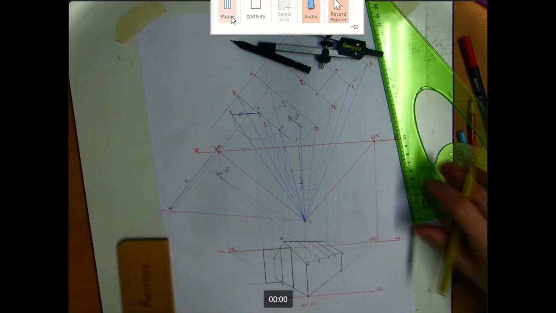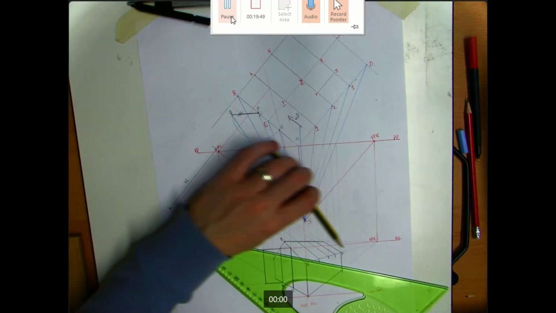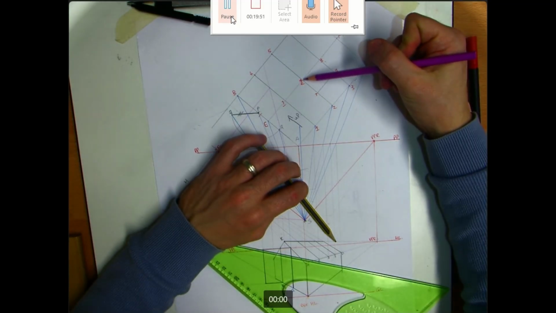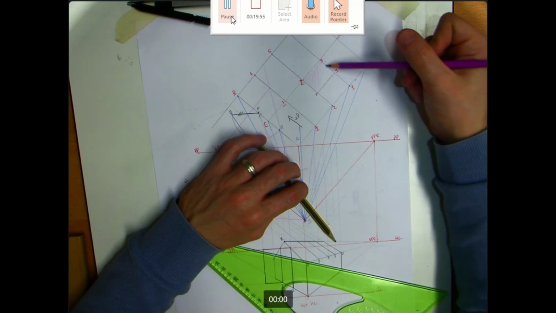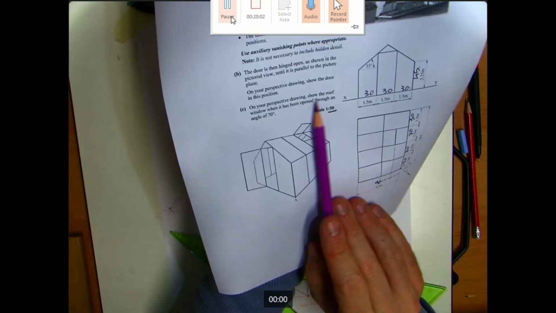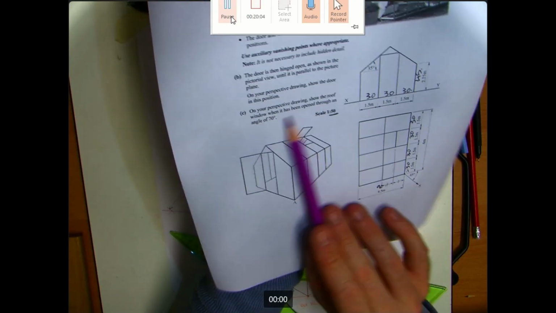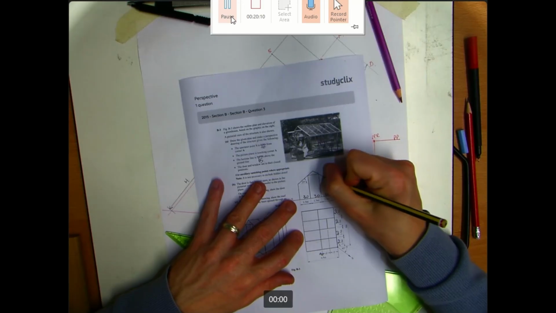Now, part C of this question then is our window here, which is going to open up. Okay, so this purple window here is going to open up to an angle of 70 degrees. So the question here says, on your perspective drawing, show the roof window when it has opened through an angle of 70 degrees. Now this angle here of the roof is already at an angle of 35.